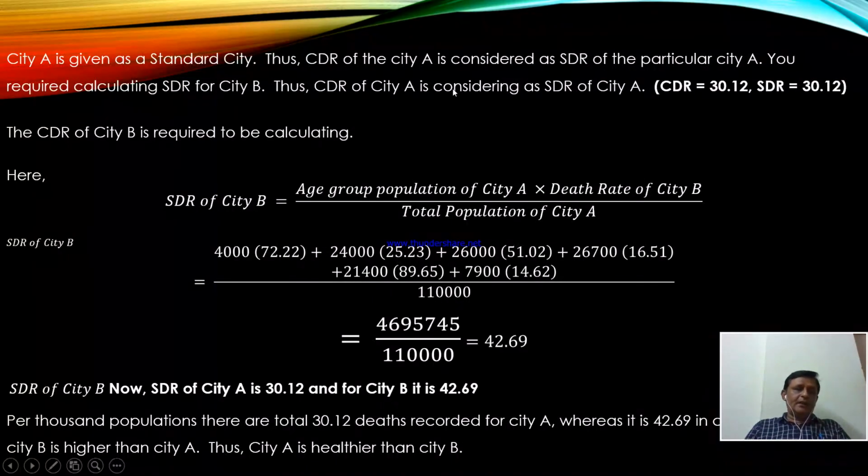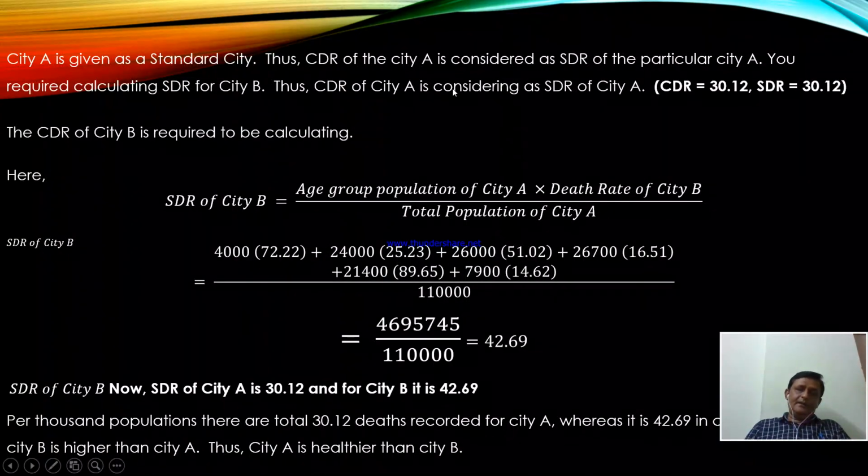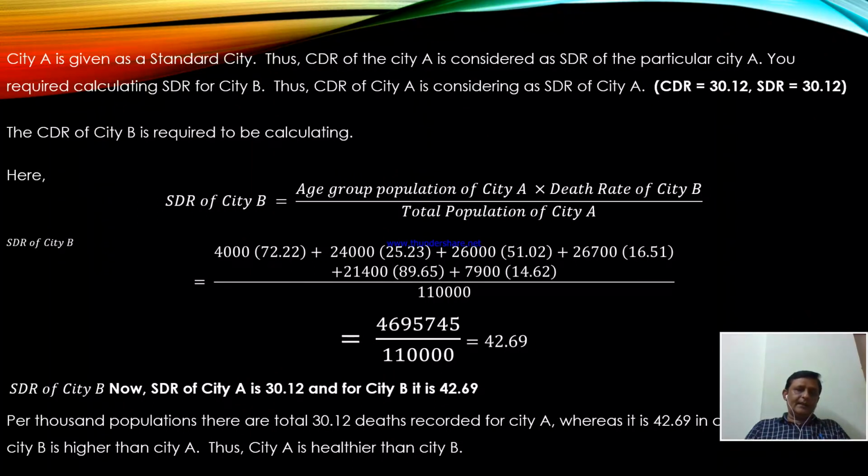Right. Now, as usual, in the given details it is clearly mentioned that city A is a standard city. So I clearly write this here. City A is given as a standard city.